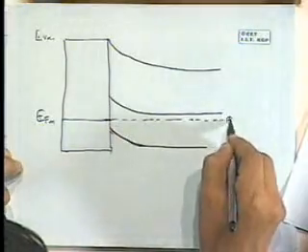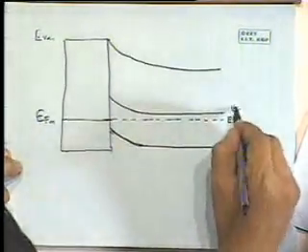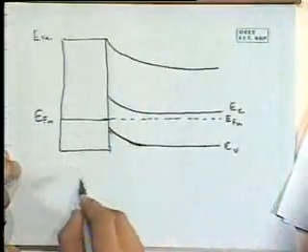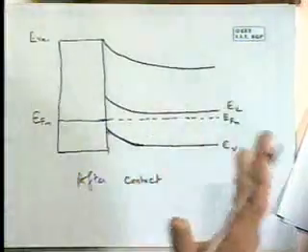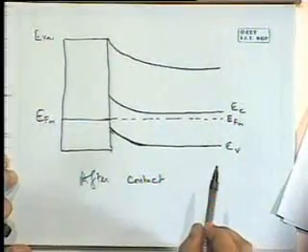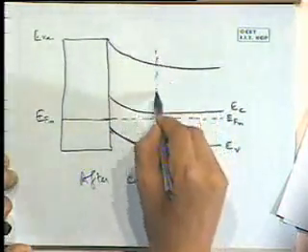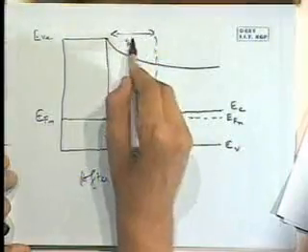So here we have EFN now, EV, EC, and the vacuum. So this is after contact. Because equilibrium is established, the two Fermi levels are aligned, and when equilibrium is there, this is my depletion layer with W.